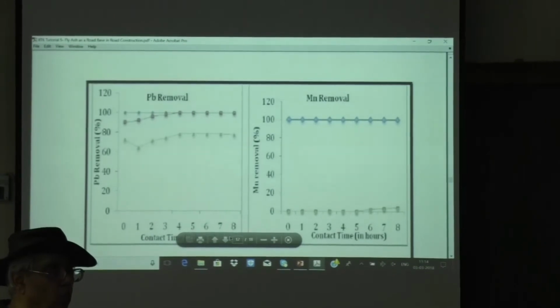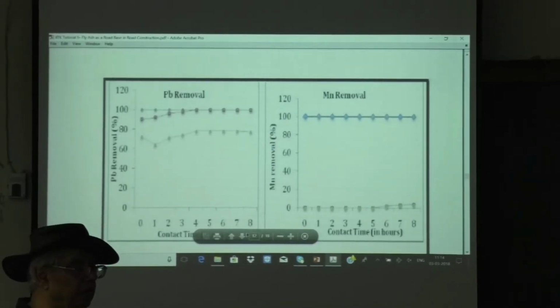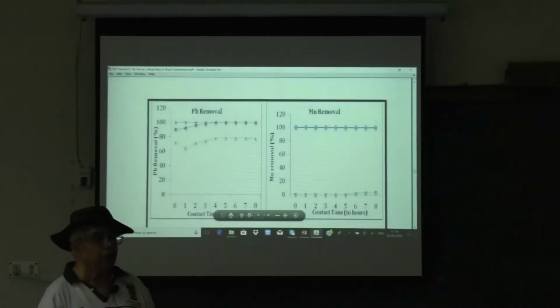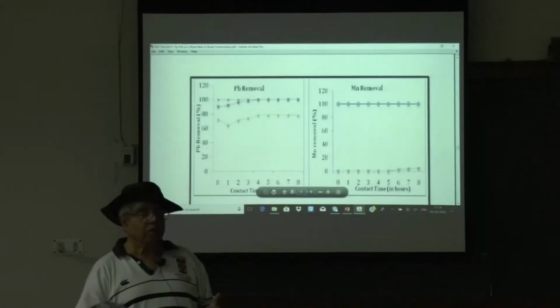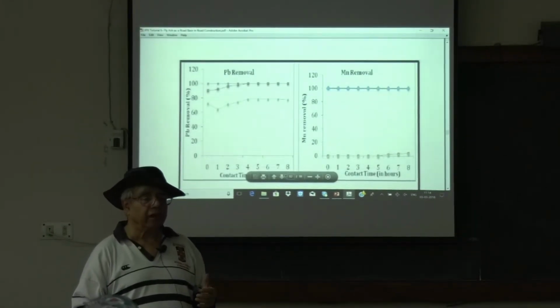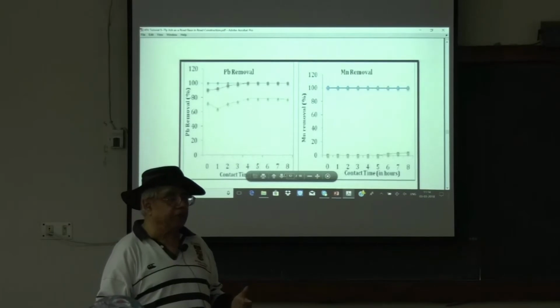So one can use these different types and different percentages of contamination removed. But fly ash, in this last presentation, I wanted to show that fly ash can also be used for that purpose.